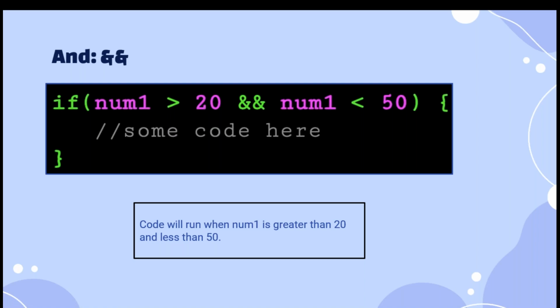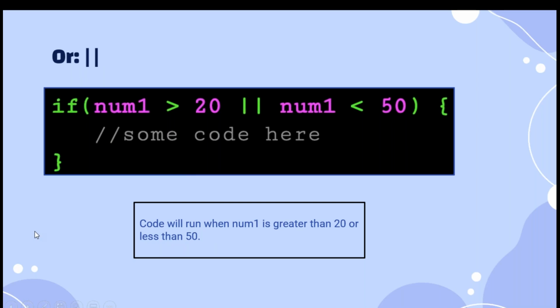And with the and operator, which is denoted by those two and signs, as you can see, we have if num1 is greater than 20 and num1 is less than 50, this code will only run when num1 is greater than 20 and num1 is also simultaneously less than 50. So for example, if we had a number like 30, 30 would work perfectly. The code will run if our number is 30. But if our number was like 100, our code would not run because 100 is not greater than 20 and less than 50, but 30 is. So that was just an example.